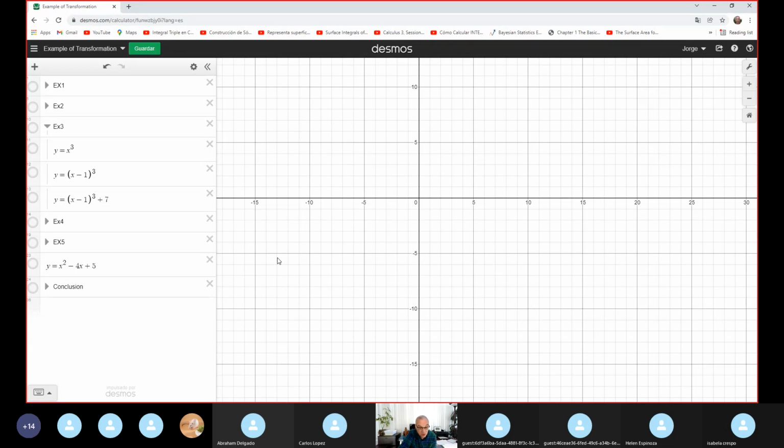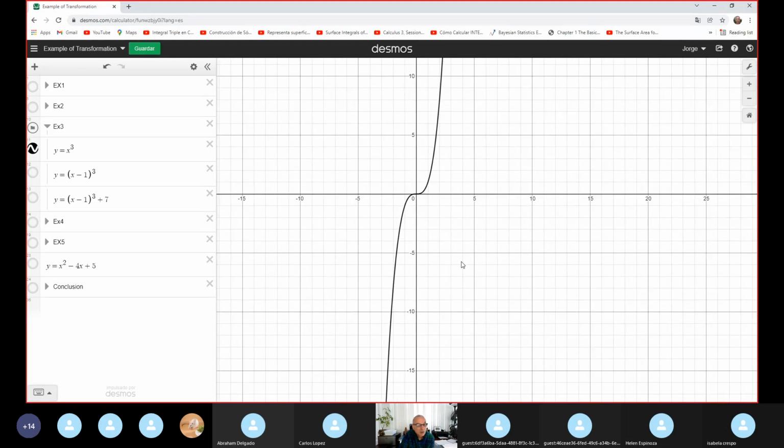You have the equation, the name, domain, range, and the typical graph. So it's important that you be somewhat familiar with these functions because we are using them: linear function, parabola or square function, cubic function, square root function, absolute value, and so on. So we start from the cubic function, which looks like that. This is the cubic function.